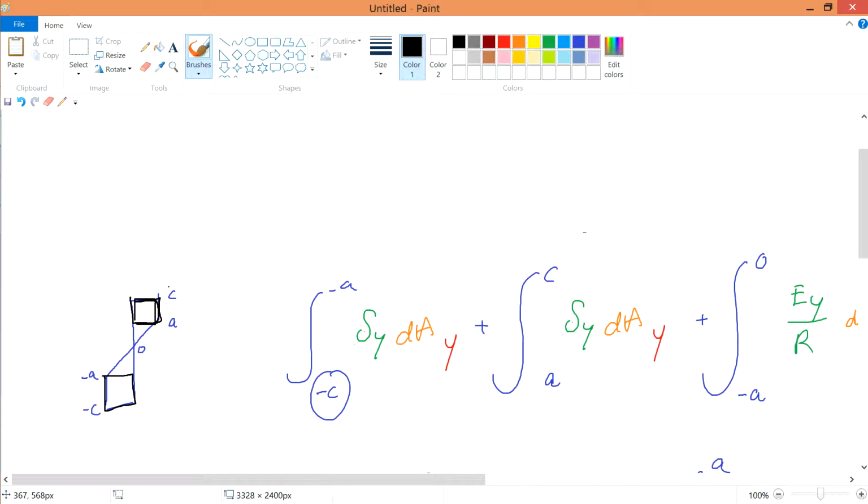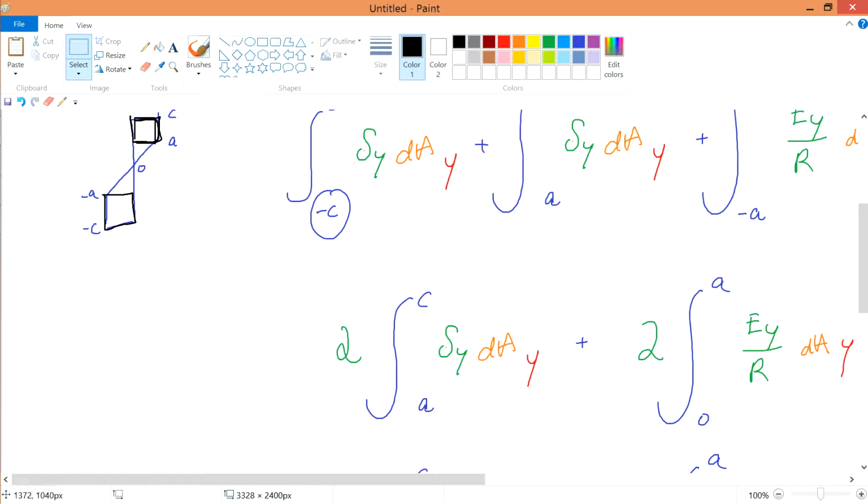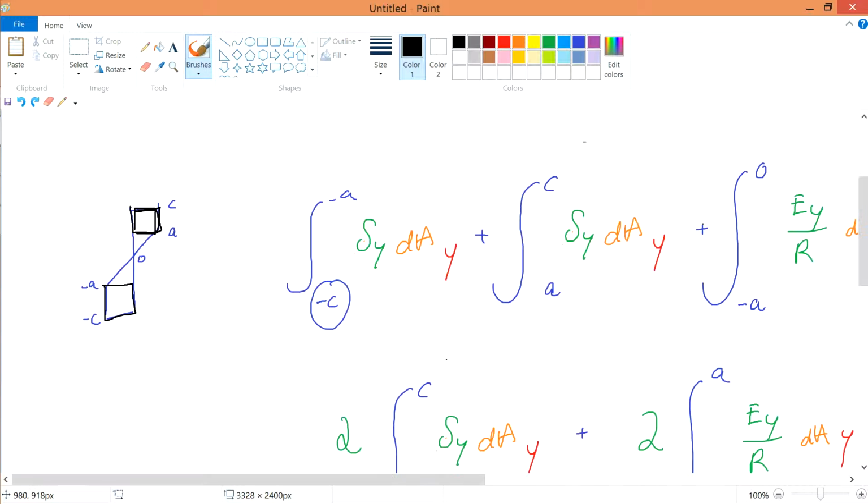It's exactly the same. So instead of writing the integral from minus a to minus c, I can just write 2 times the integral from a to c, or in other words, 2 times minus c to minus a. It's the same thing because they cover the same range.